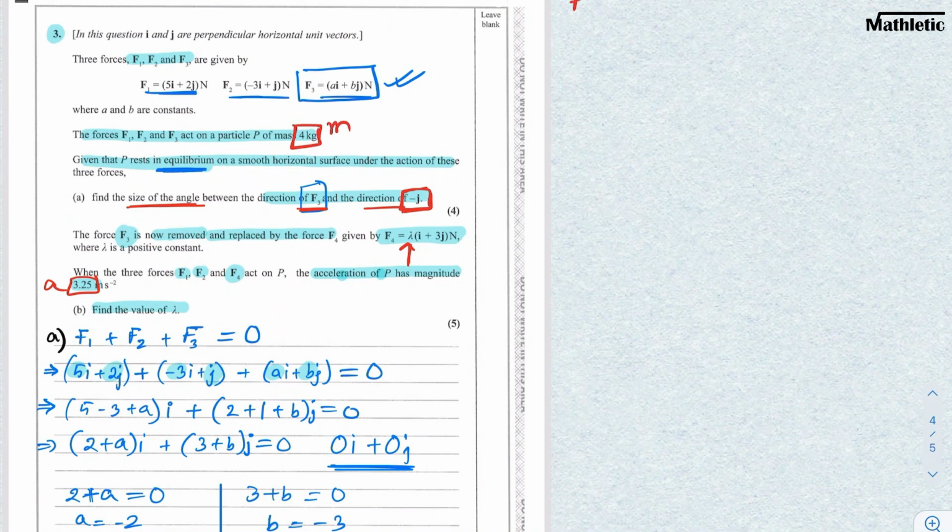The mass of the object was 4. So if we need to calculate the magnitude of the resultant force, F equals ma. So the magnitude of the resultant force, m is 4, a is 3.25. So that's 13. So this is actually the magnitude of the resultant force.